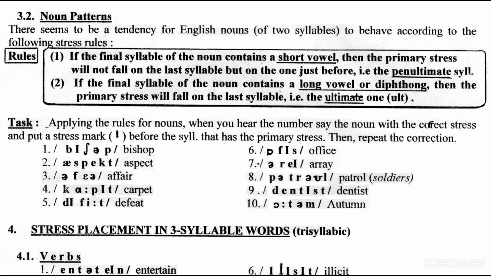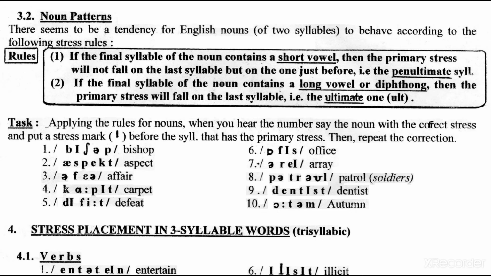Rule 2B says, if the final syllable of the noun contains a long vowel or diphthong, then the primary stress will fall on the last syllable, that is the ult. So again, I repeat, rule 2 is devoted to nouns, and we have two sub-rules.